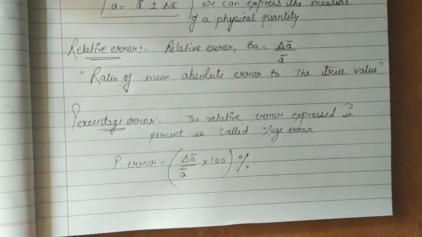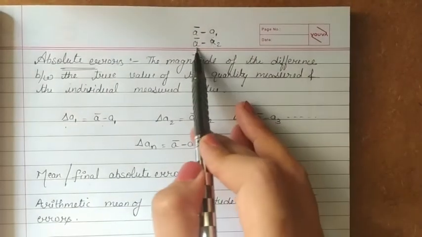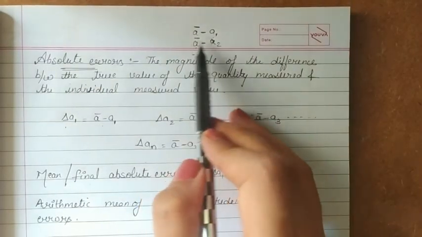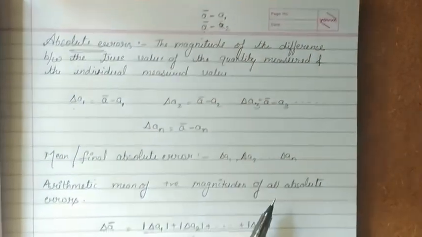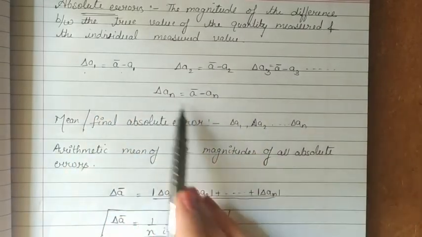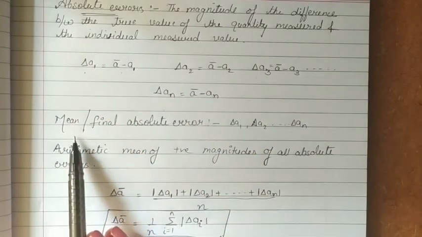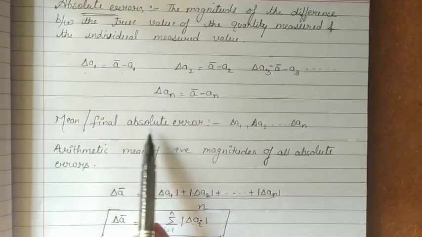So absolute error था individual value का difference mean या true value के साथ, that is called absolute error. सारे absolute errors का arithmetic mean is called mean absolute error or final absolute error.